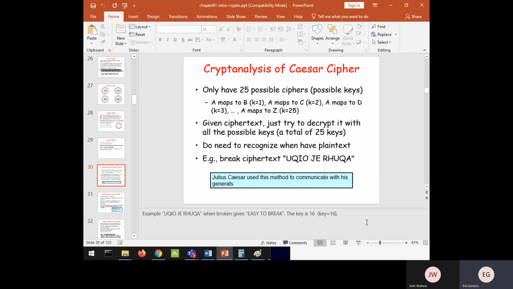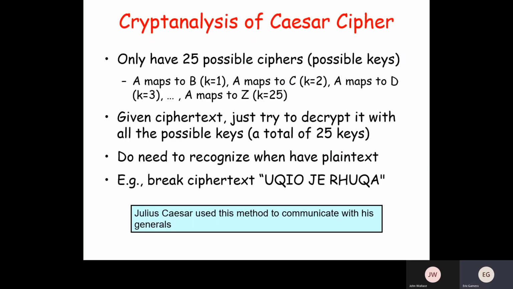Okay, now we are going to work on the side of the cryptanalysis, which means that we want to break a code. So we have this message that is there.